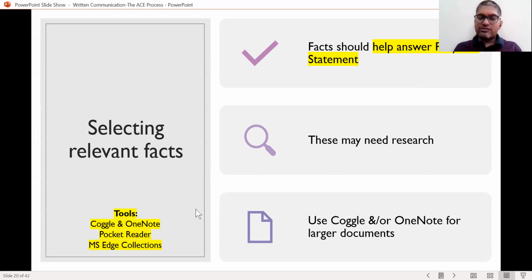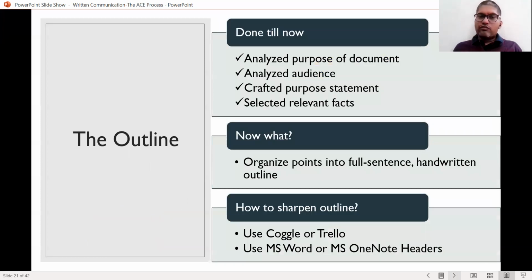You can use these to put together all your documents and to give it a systematic approach. So what we have looked at till now is, what is the purpose of the document? Who is the audience? We have crafted a purpose statement for the document, and we have also selected the relevant facts that we need to put into the document.